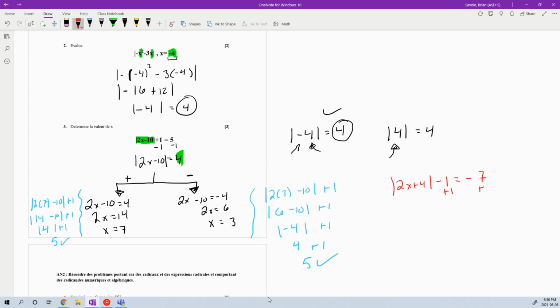I'd add 1 to both sides, so the absolute value of 2x plus 4 is equal to -6. That's not possible. You can't have an absolute value outputting a -6. So you can actually just stop right here and say impossible. Now, you can find algebraic solutions just by ignoring that and doing both branches. But when you go back to verify, it won't work out.